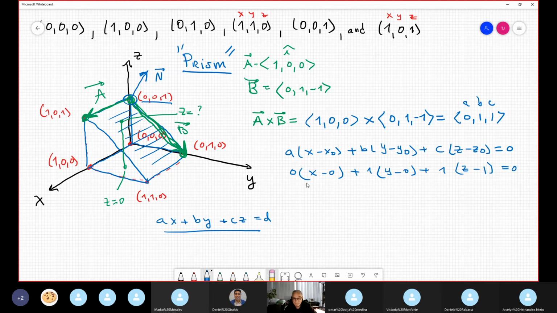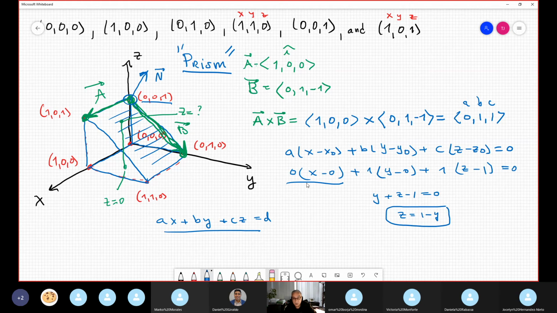Something like that. Well, I manipulate it a little bit. This is 0, it's gone. This is y. This is z minus 1 equals 0. Therefore, my famous plane is the plane z equals 1 minus y. Boom.